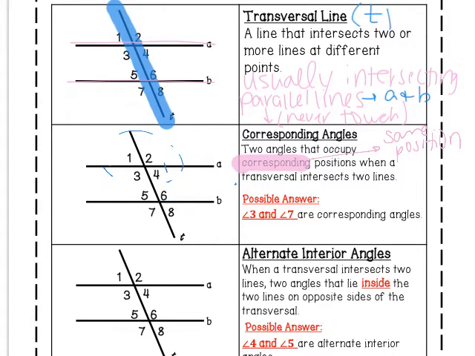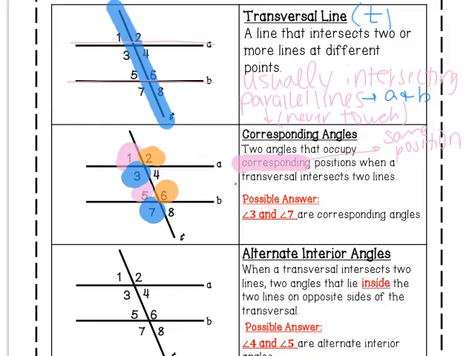So let me erase all this. I'm going to go through all the different corresponding angles. So what's going to match up? Well, angle 1 and angle 5 are going to match up. Okay, angle 3 and angle 7 are going to match up. Angle 2 and angle 6 will match.